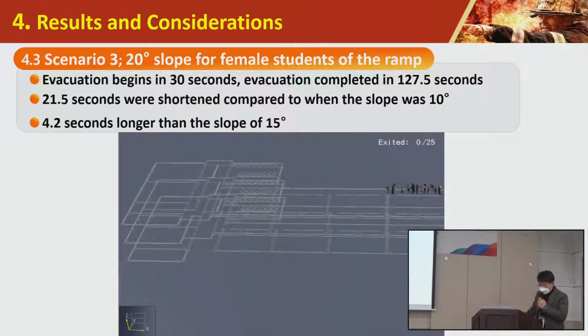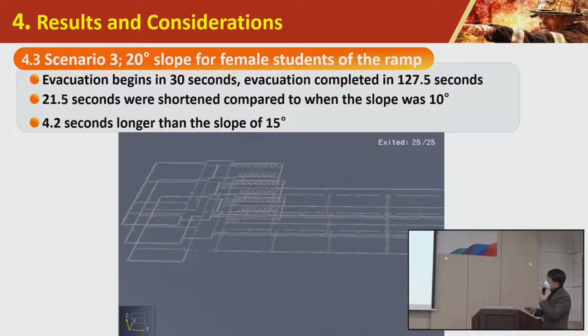This slide is a video of the analysis result of scenario 3, where the slope is 20 degrees. Also, evacuation begins in 30 seconds.